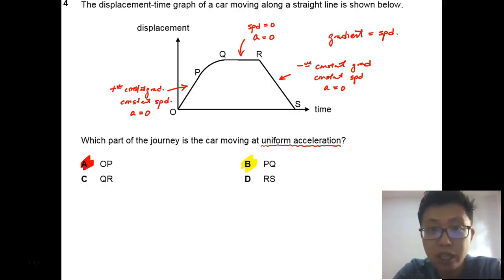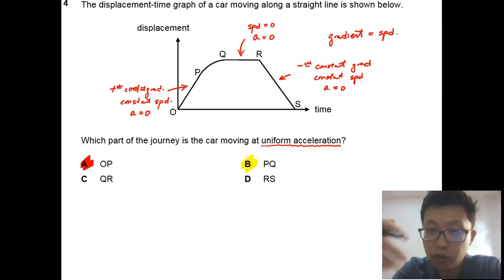And you know that it couldn't happen because this is an MCQ. There can only be one correct answer. So because of that, using the method of elimination, you can already strike out OP, QR, and RS. So you only remain with PQ.